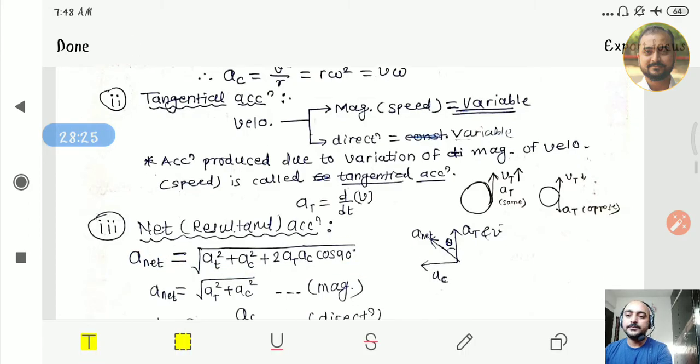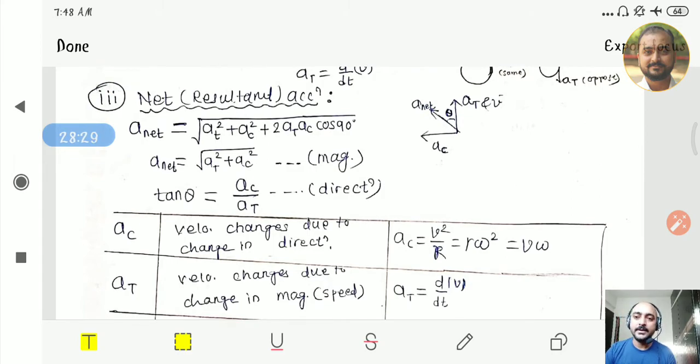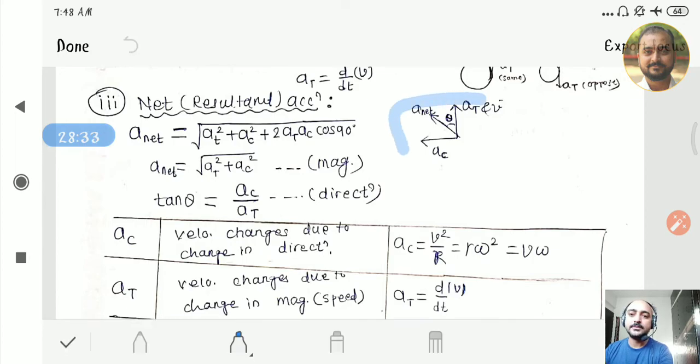Then the direction is given by tan theta: as you complete the parallelogram in this case, it gives the value of a_C divided by a_T, which is the direction, and theta is equal to tan inverse of a_C divided by a_T.